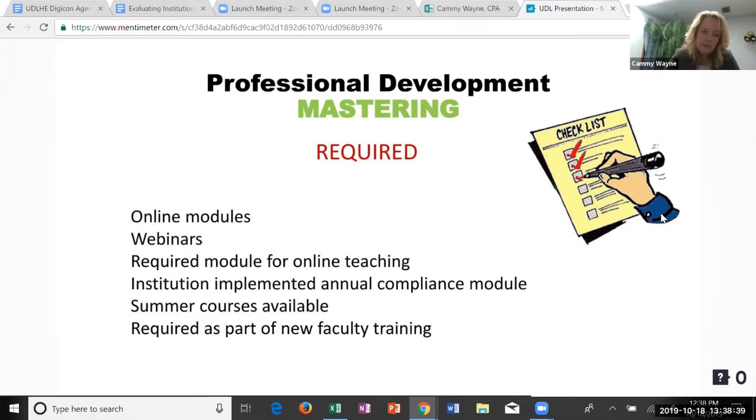So maybe offer them during summer when faculty have a little bit more time, or put them during the time when they're prepping for classes so that they see the benefit in actually taking part in this training, because they're going to not only learn something new, but they're prepping their classes with that already. And also in new faculty training, we need to make sure that this is part of that so that those new faculty have been introduced to UDL.